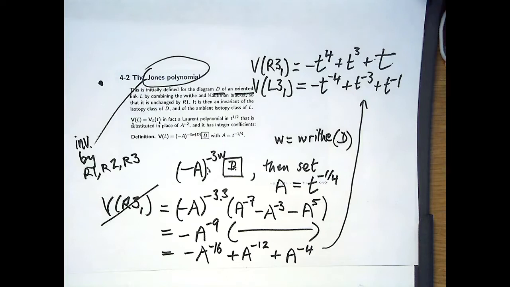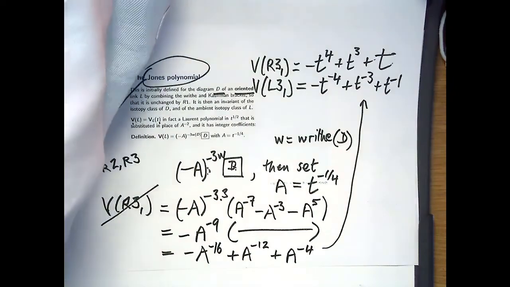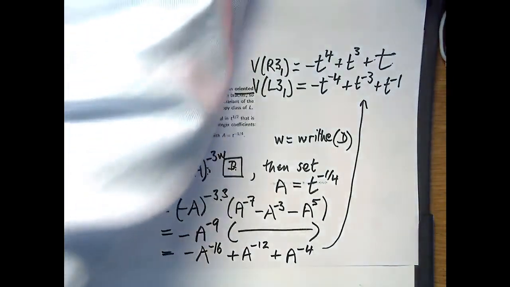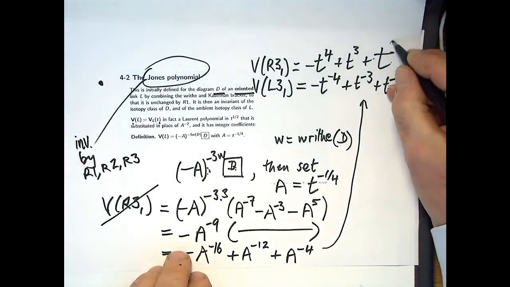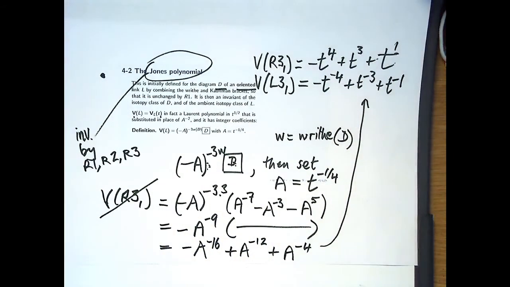In that case, the crossing number of the knot, meaning the diagram with the least number of crossings, is just the difference of the top power and the bottom power of t. So we've got 4 minus 1, the bottom power is 1. You can do it with either knot: minus 1 minus minus 4, or 4 minus 1, the answer is 3. So that is telling you the crossing number of the trefoil knot is 3.